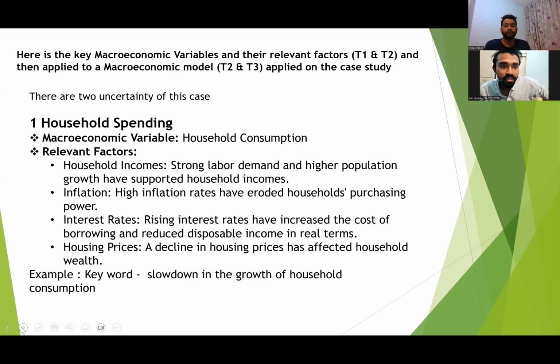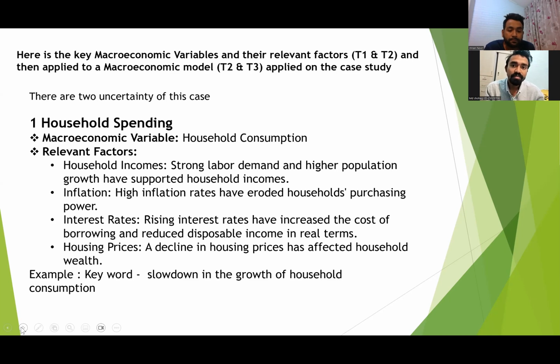Higher population growth has supported household income. High inflation rates have eroded households' purchasing power. Rising interest rates have increased the cost of borrowing and reduced disposable income in real terms.